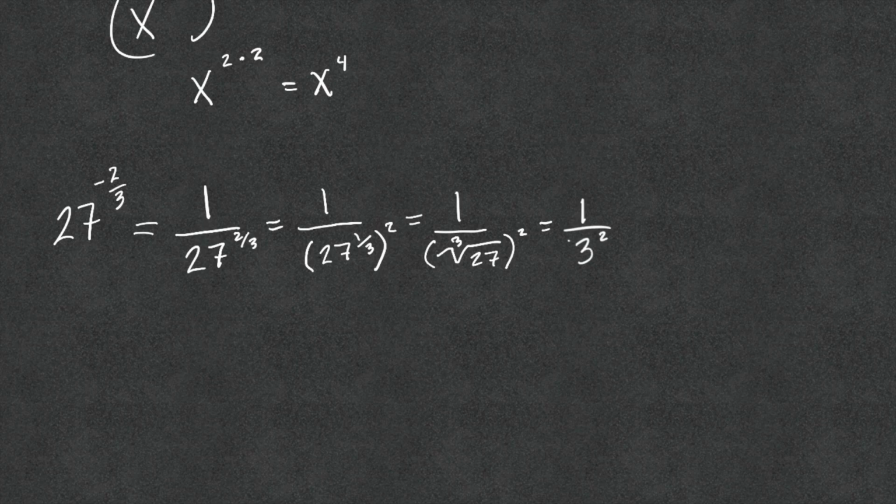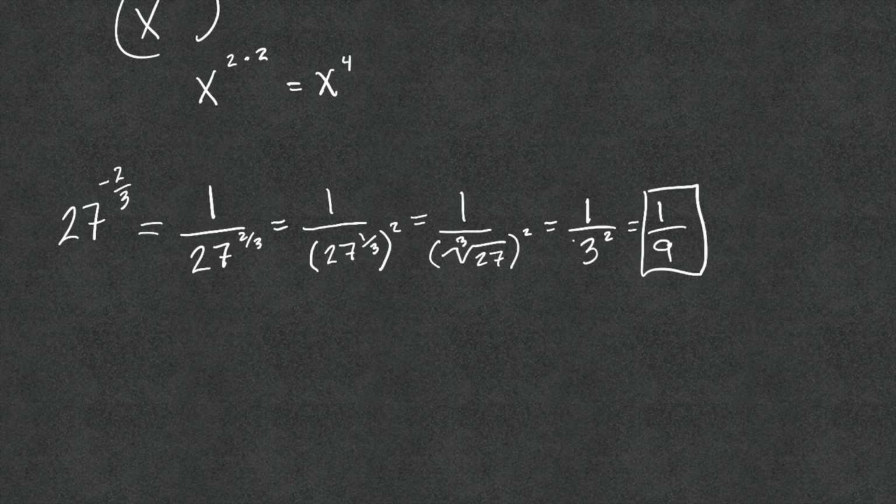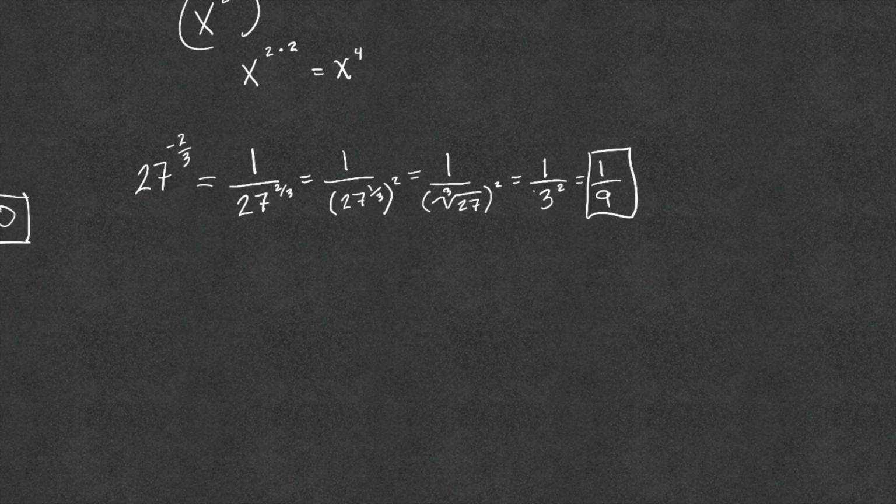And remember, that's still being raised to the 2nd power. 3 times 3 is 9. And now we have the solution. And look where we began. We had 27 to the negative 2/3 power equals 1/9.